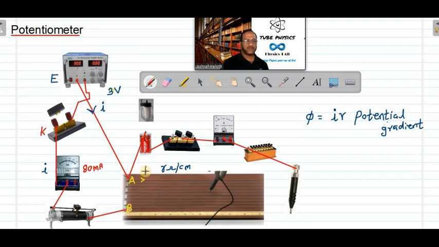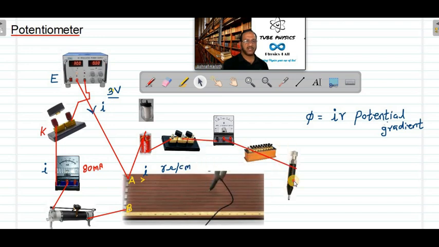If the total voltage drop between A and B is 3 volt, and I want to get 1.5 volt drop, where should I touch on this wire using the jockey? At which point will I get 1.5 volt?